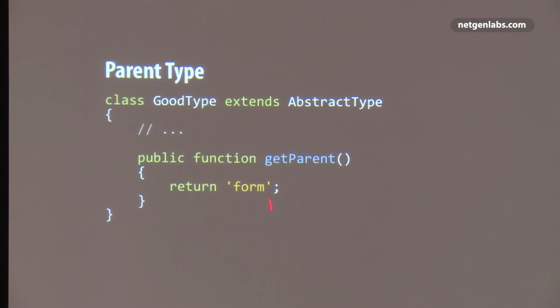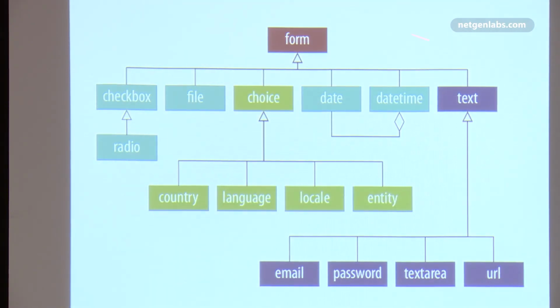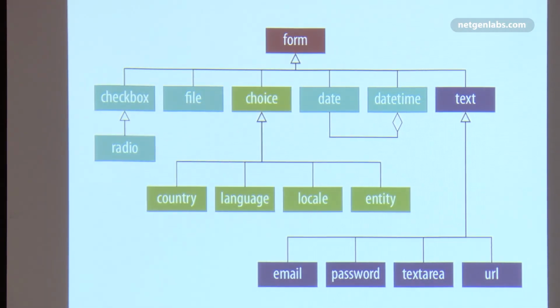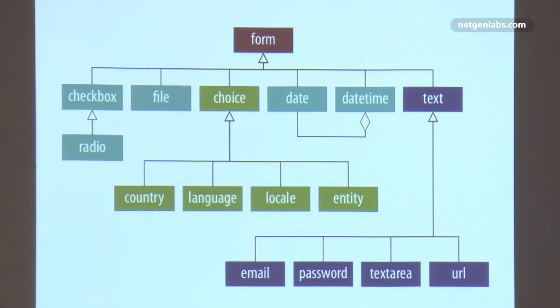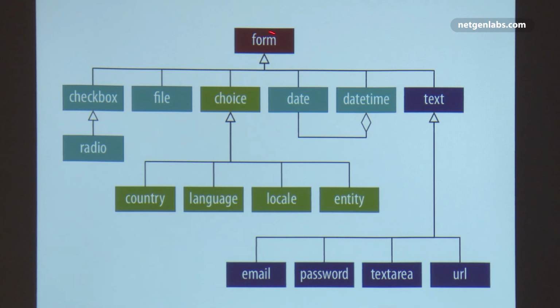And instead of inheriting from form, you can also inherit from other types. For example, if you want to have a custom text field, you can inherit from text here. Or a custom URL field, then you can inherit from URL here. And Symfony by default already has a rich set of types that have an inheritance structure as well. So the default type of all types is form.